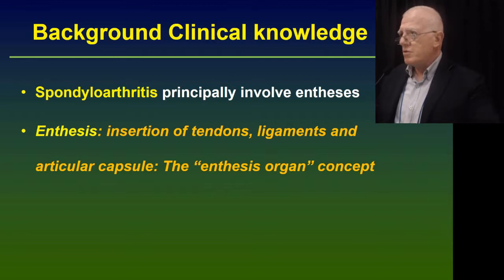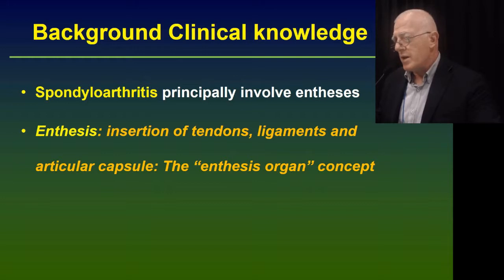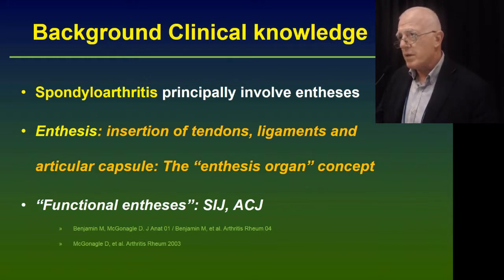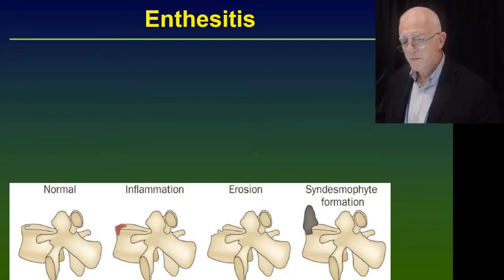Enthesis is the insertion point of tendons, ligaments, and articular capsule, and this is considered nowadays as an organ rather than an anatomical location. There are some joints, like the sacroiliac joint and the acromioclavicular joint, which also have some synovial part, but they behave, clinically speaking, as enthesis, and therefore they are called functional enthesis.